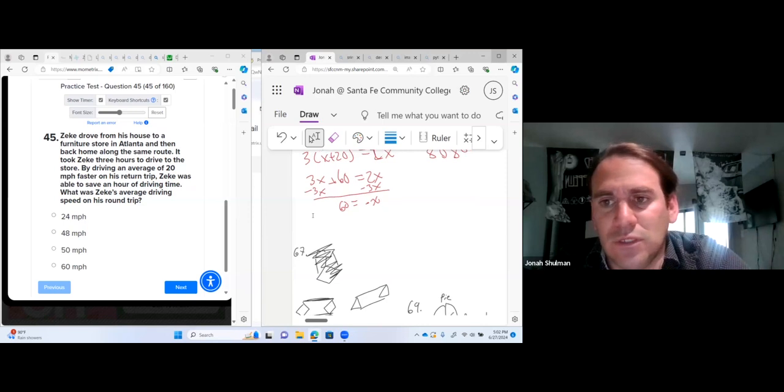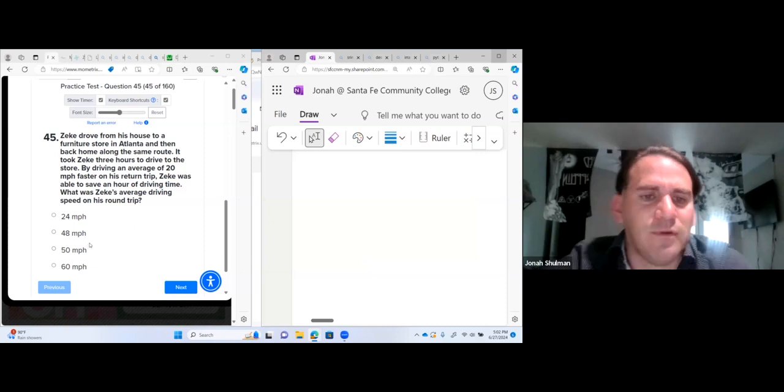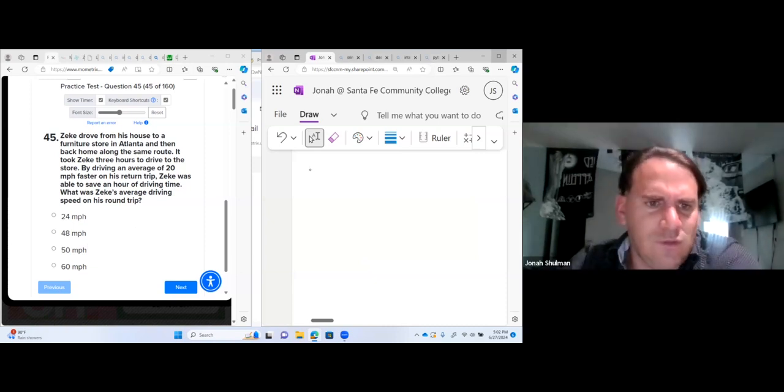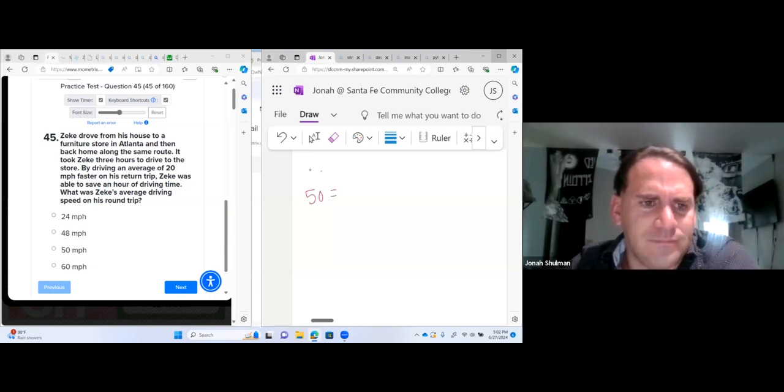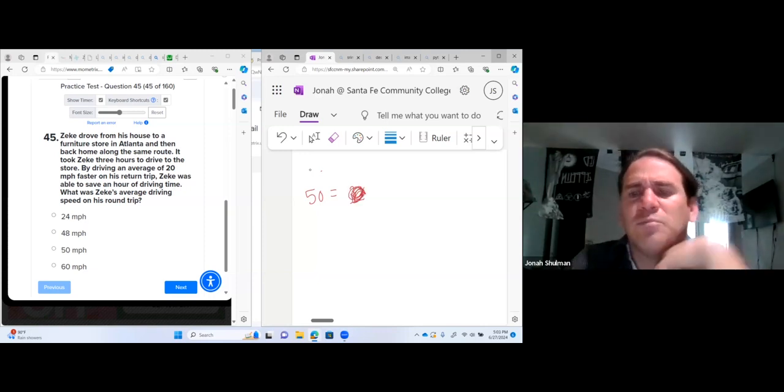I guess I can use the choices now. So let's do one in the middle. Let's start with 50. So the average speed driving on his round trip is 50 equals 3x miles per hour.